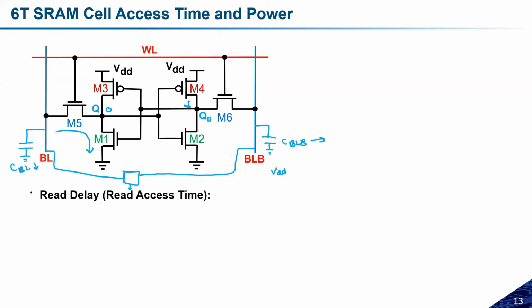The time at which the capacitor on the side where the storage node is 0 discharges matters. If Q is 0, then I have to consider CBL, and if QB is equal to 0, then I have to consider CBLB. Any of the capacitors can be considered.